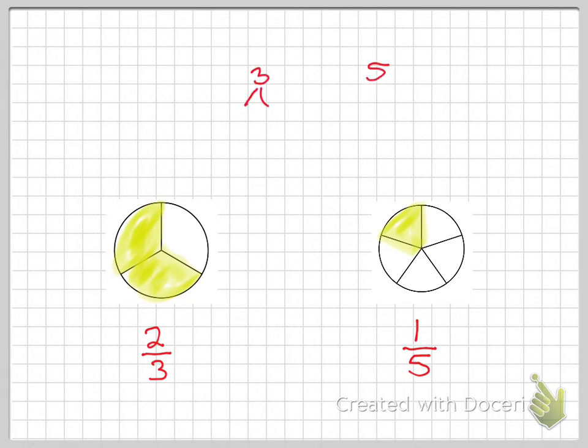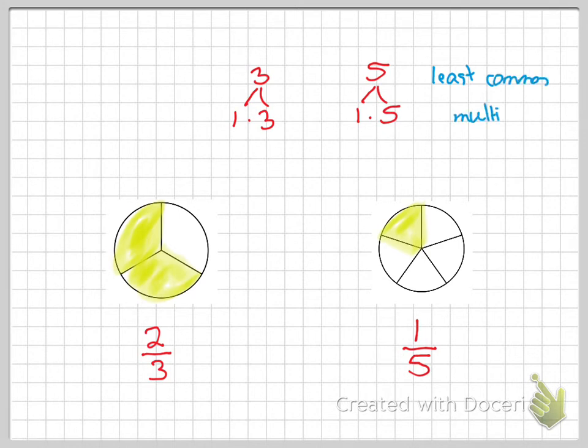The number 3 is a prime number. It is only divisible by 1 and itself. 5, likewise, is a prime number. It is only divisible by 1 and itself. So the only way to make 3 and 5 become the same number, okay, is to find what's called the least common multiple.